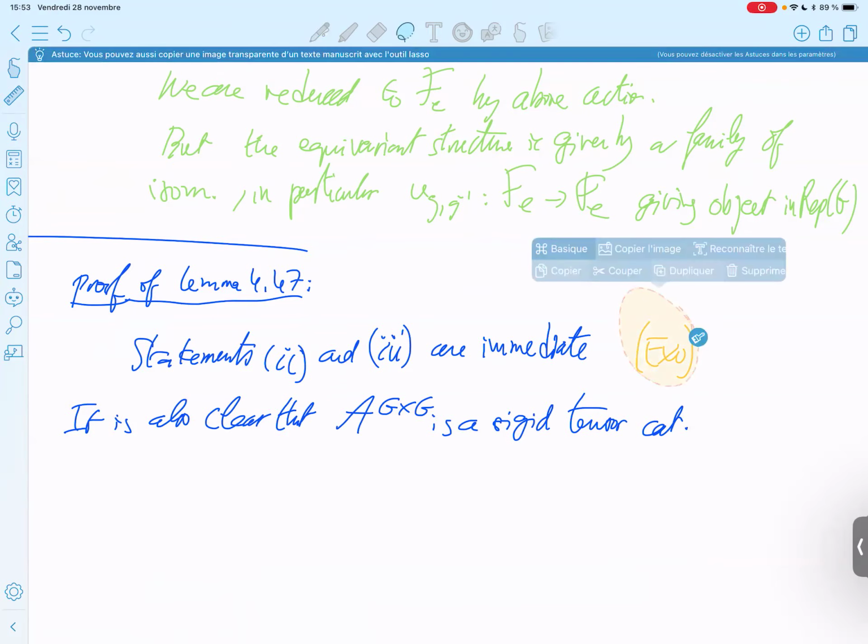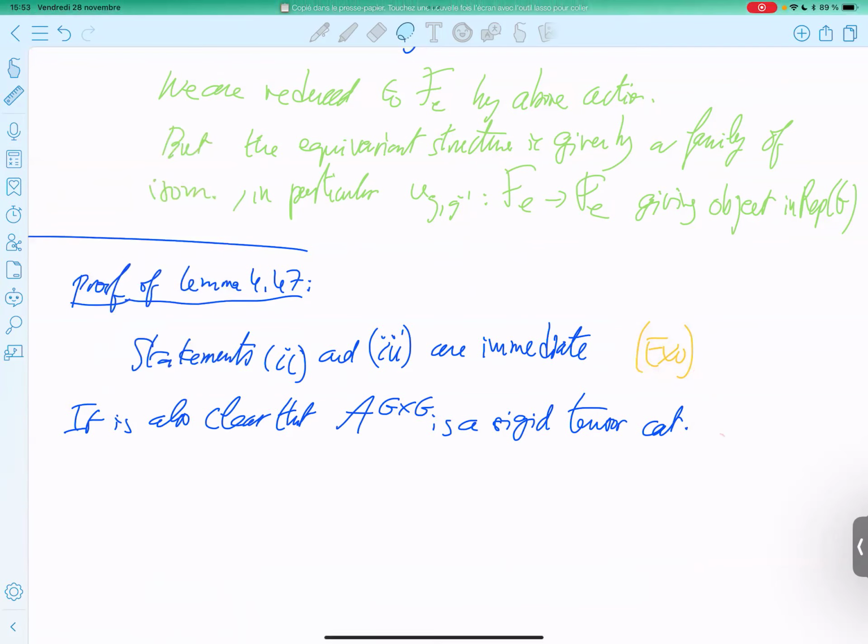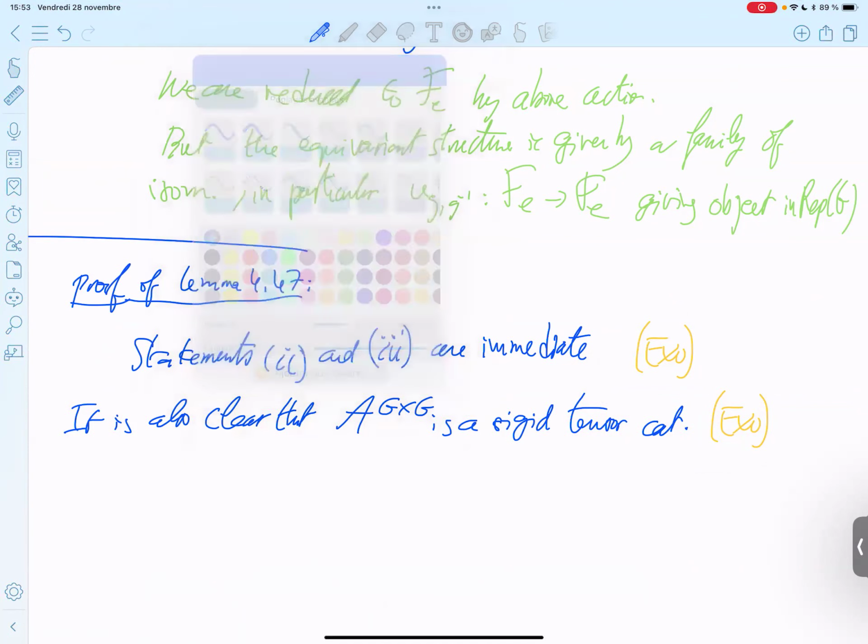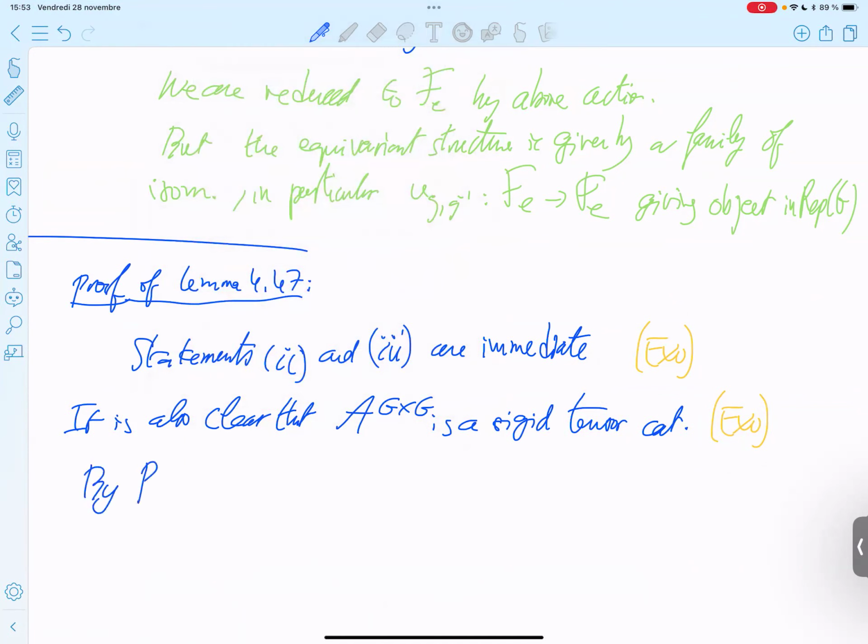So exercise also. Okay. Next. By a previous proposition 4.12, it is semi-simple. Okay.